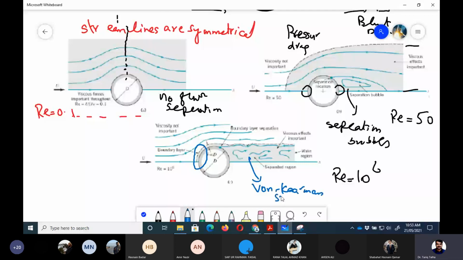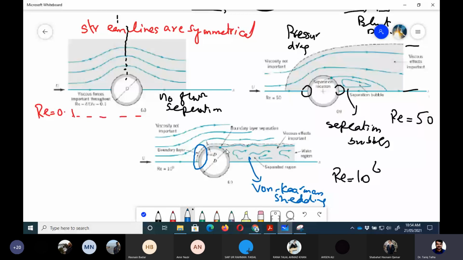shedding. So it means that there is no fixed vortex or separation bubble. Instead, that bubble moves with the flow due to inertia. And maybe in the next class I would also show you some animation of those von Karman vortices, so it would be clearer how these vortices move in the downstream region, right?